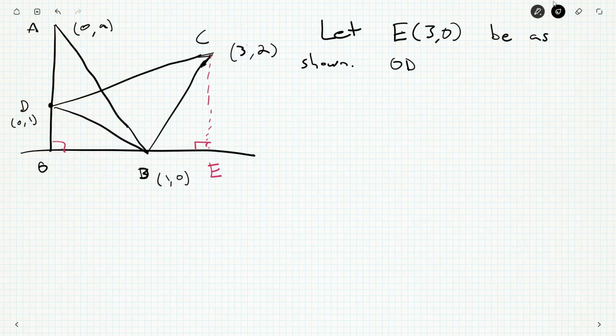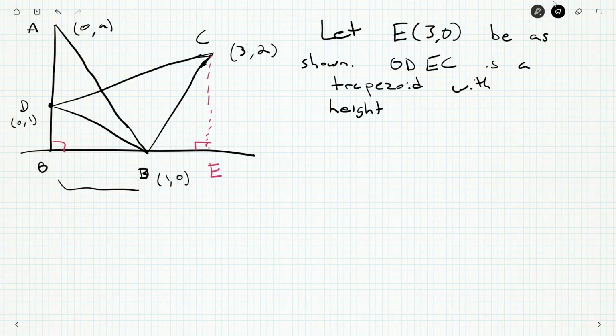So ODEC is a trapezoid with height, this distance here, which is 3, 0. For a trapezoid, we care about the parallel sides. So these sides are parallel. They're both parallel to the y-axis. So this is our bottom and our top.